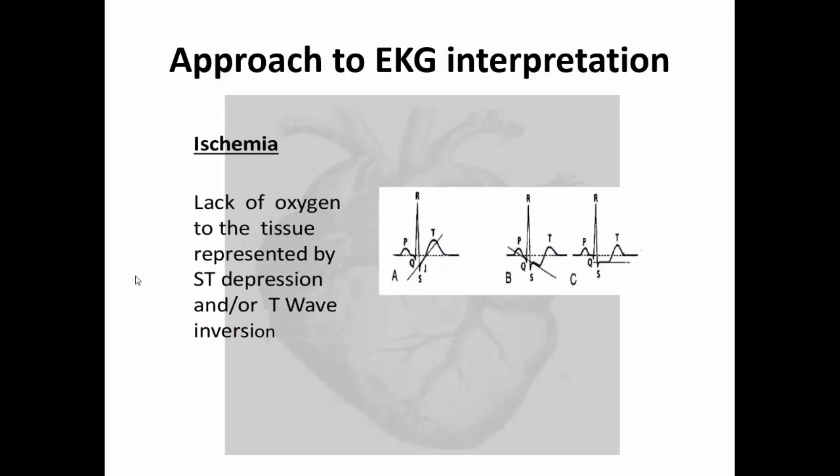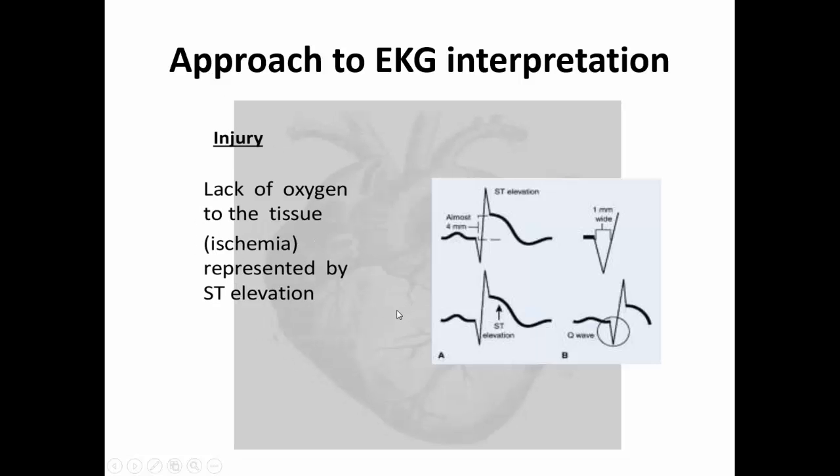Ischemia is basically lack of oxygen. When you get lack of oxygen, you get ST depression or T wave inversion. You may see any of these types of ST depressions with ischemia. With injury, that's more of a progression from just not getting enough flow to actual damage to the tissue.